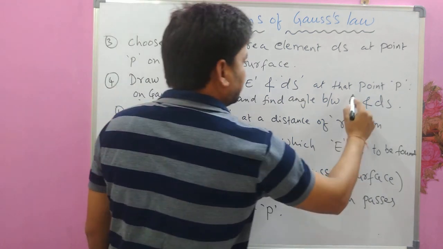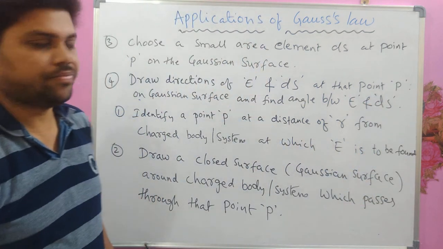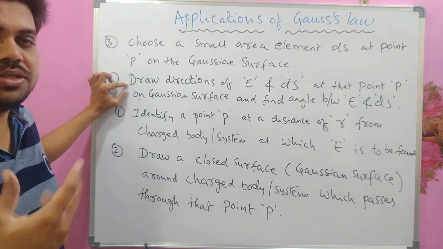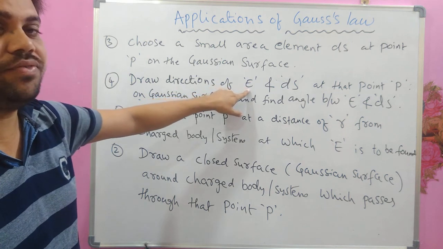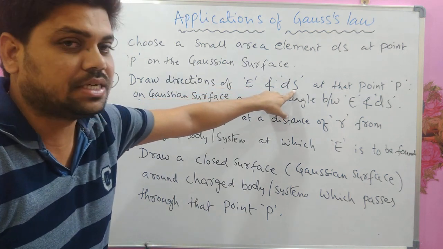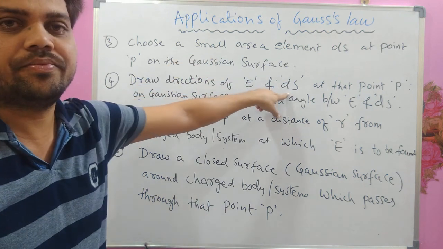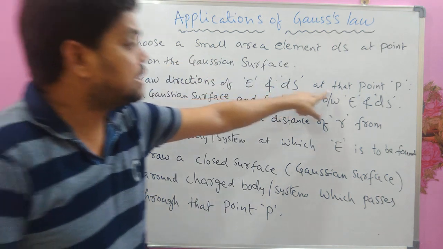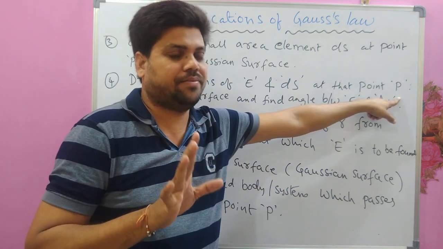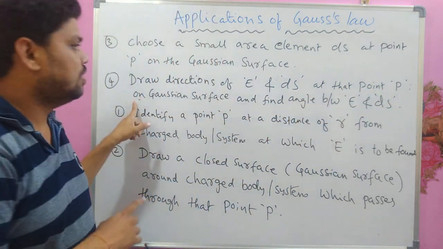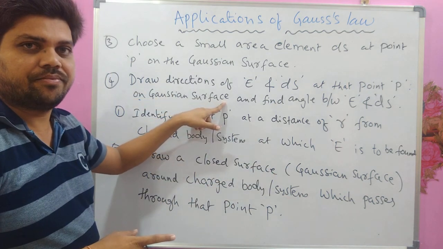In this fourth step, we draw the directions of the electric field and the area vector ds which you have chosen in the third step. At that point P, everything you are doing is at point P only, which is on the Gaussian surface.